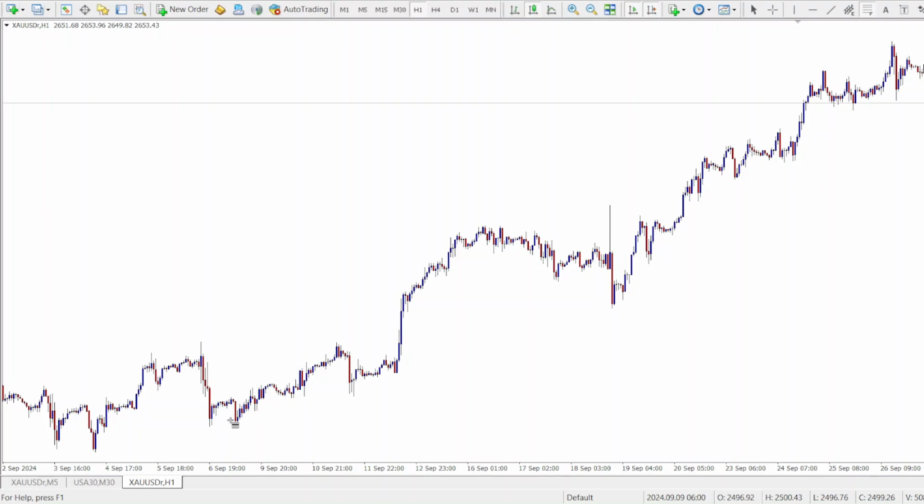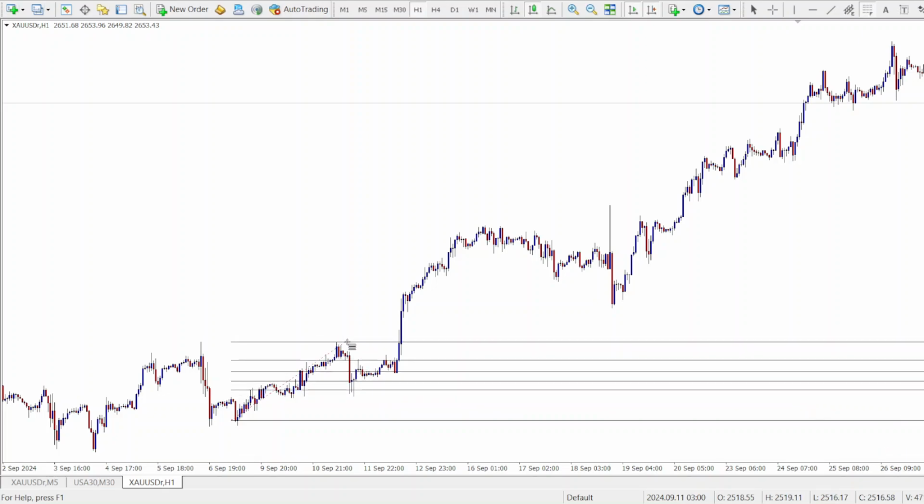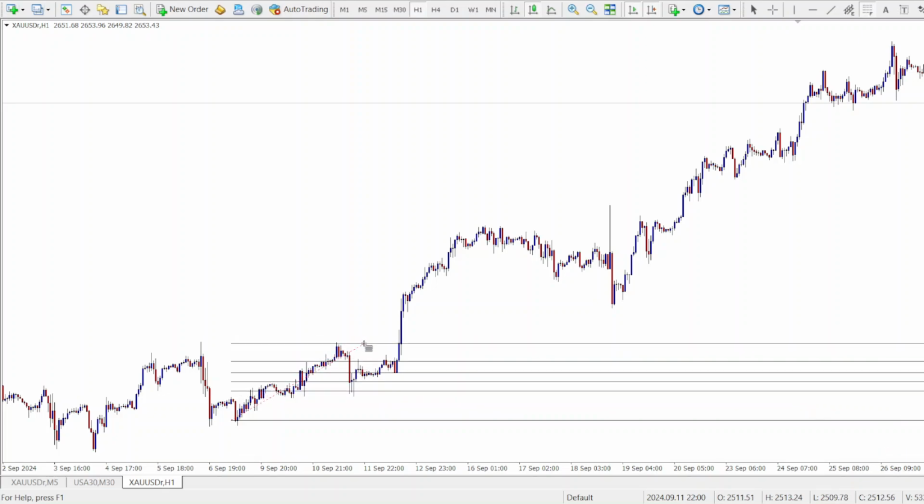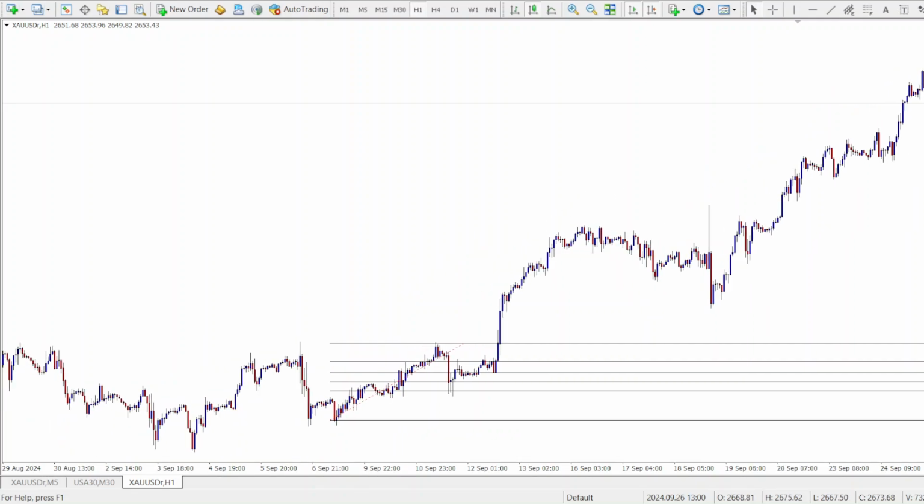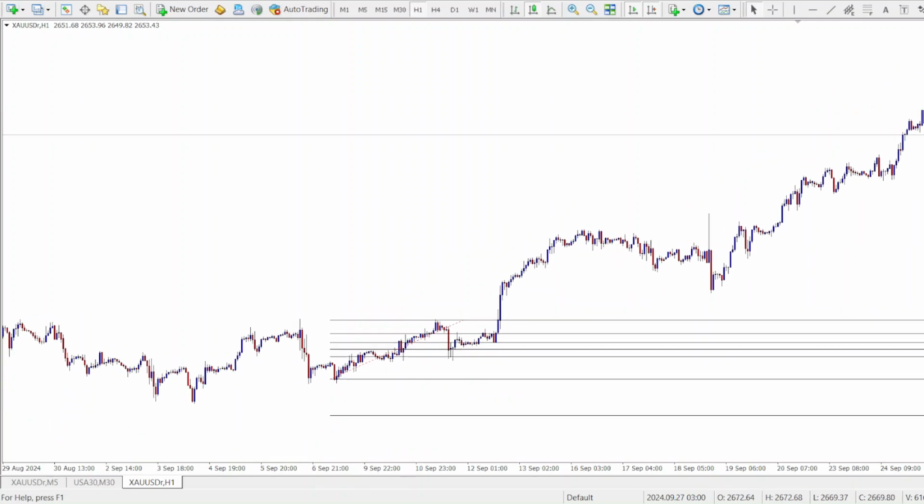So let's draw our Fibonacci retracement, and then you have to look for key retracement levels such as the 38.2%, the 50%, the 61.8%. These often act as potential support or resistance points where price may reverse or bounce.